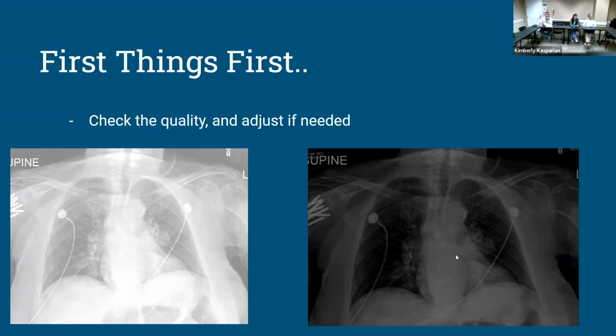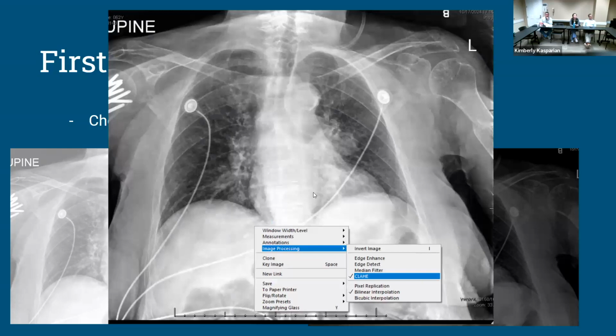Now, clinically, what that means for us is how do I make this the right contrast and the right radiation amount? There is a nice little button. If you right click on your image, go to image processing and click this CLAHE. No idea what that stands for, but that will auto contrast to give you the best amount of radiation exposure and contrast.